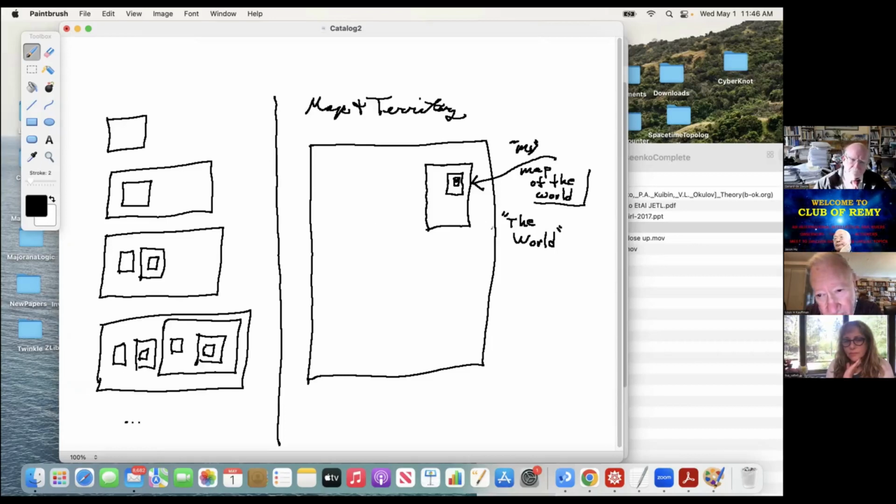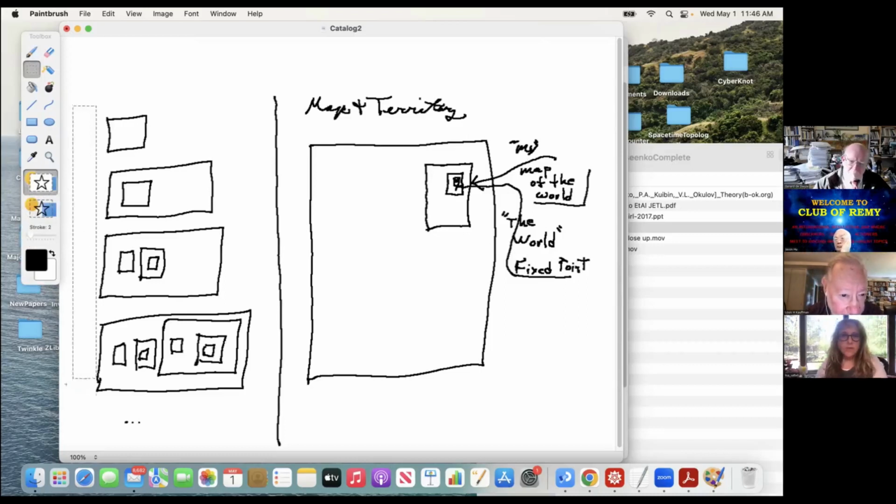Furthermore, there is the fixed point, the internal fixed point. This internal fixed point is the one that Charles Sanders Peirce liked to talk about. But if you look at, I'm going to get rid of our more complicated recursion over here.